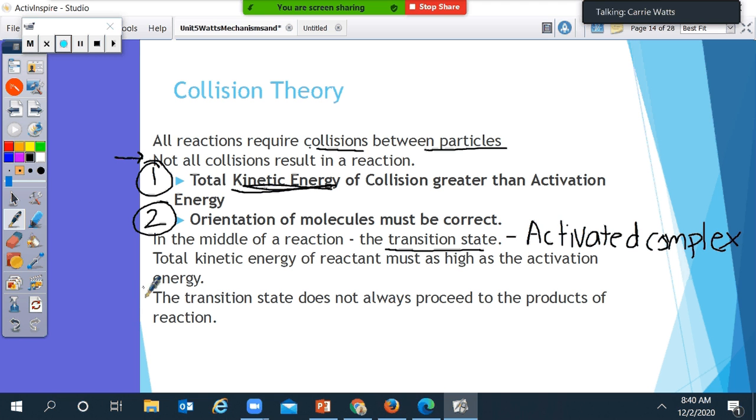The last couple things on the slide tell you that the total kinetic energy of the reactants must be as high as the activation energy. And the transition state does not always proceed to the products. There could be several transition states, and that's what we're going to look at.